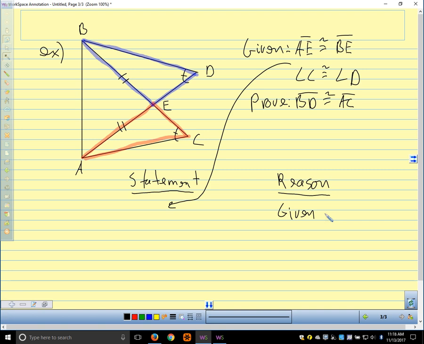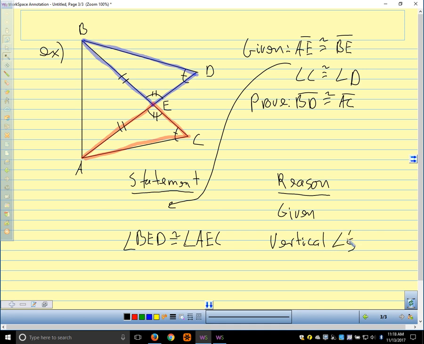Yeah, we have a vertical angle. That's a pair of vertical angles. So we can say that angle BED is congruent to angle AEC, and they're vertical angles.